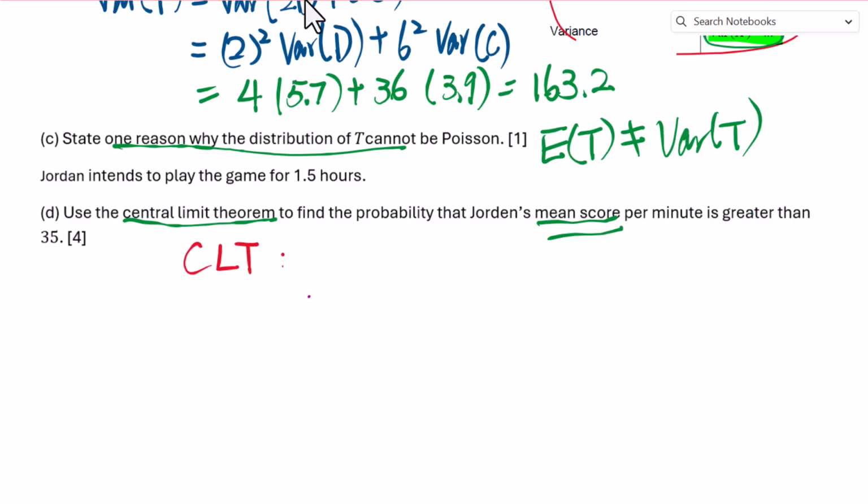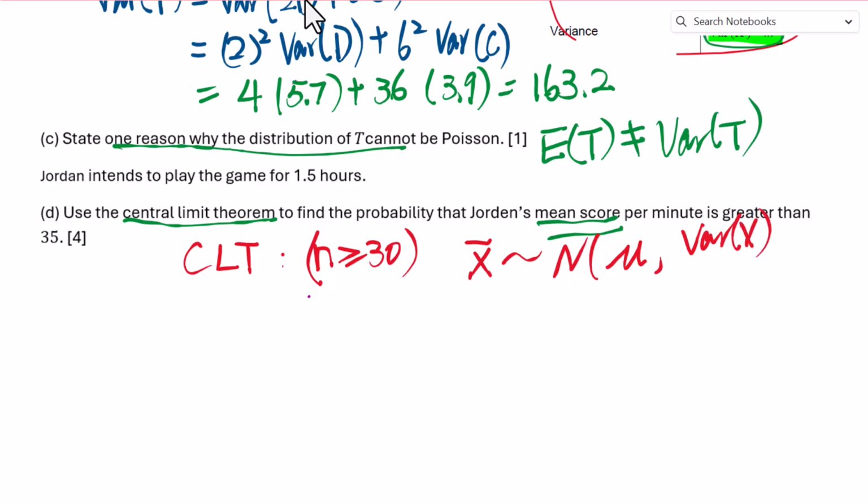If it's not a normal distribution, you have to make sure the number of samples is greater than or equal to 30. For normal distribution, it doesn't matter. X bar follows normal distribution with mu and a variance of sigma squared over n.